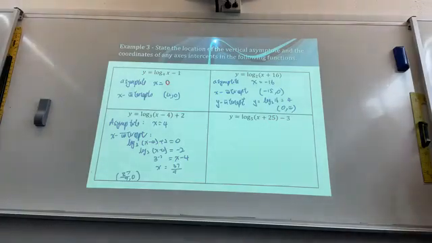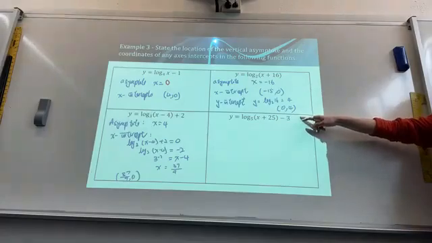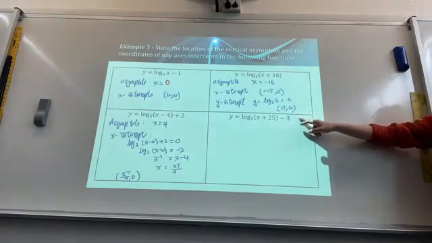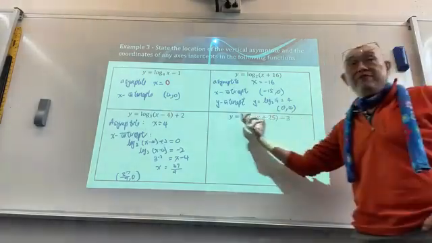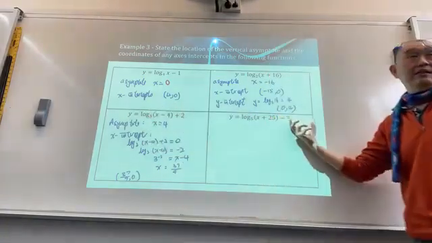All right, last but not the least, try the last example, please. y equals log base 5 of (x plus 25) minus 3. Is there a y-intercept in this case? Yes, because it's moving to the left. So therefore there's a y-intercept.